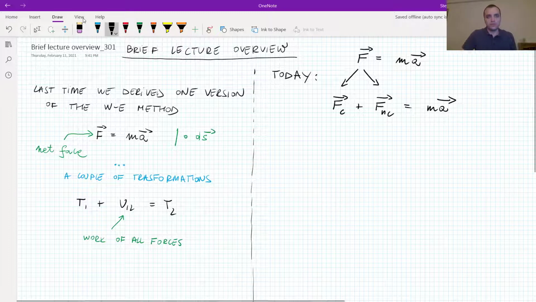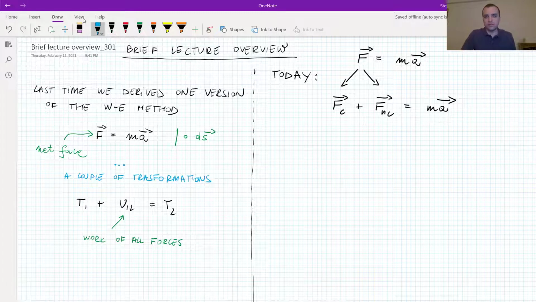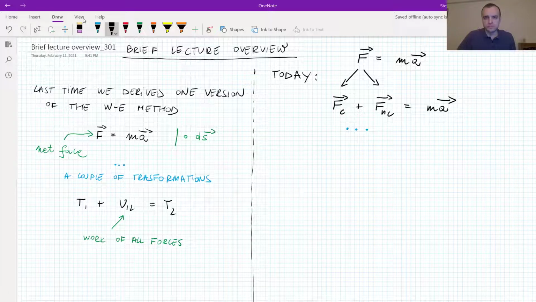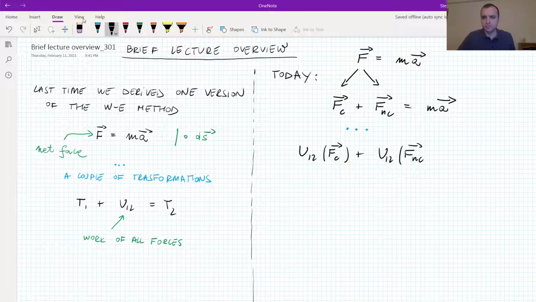And if we follow exactly the same transformations as last time, we will end up with the work of conservative forces plus the work of non-conservative forces, and this is equal to the kinetic energy at the end minus the kinetic energy at the beginning.